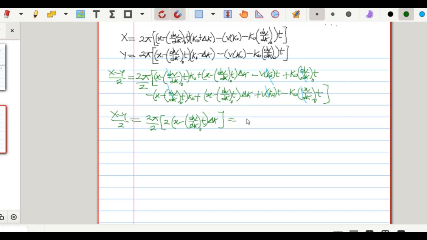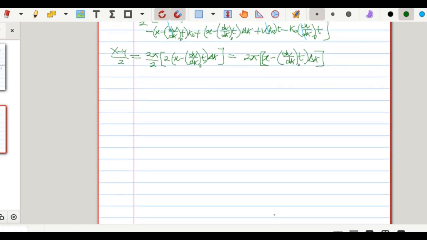So this is the same thing as 2 pi into x minus dv over dk naught of t. This is the k, changing k. So this is our value for x minus y.